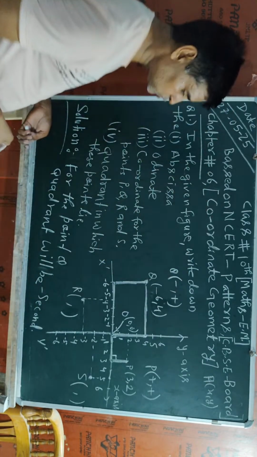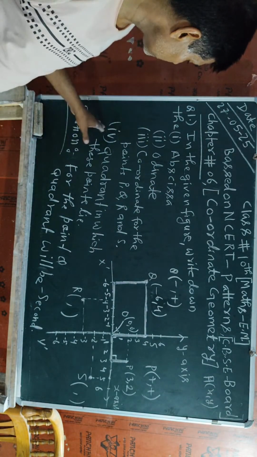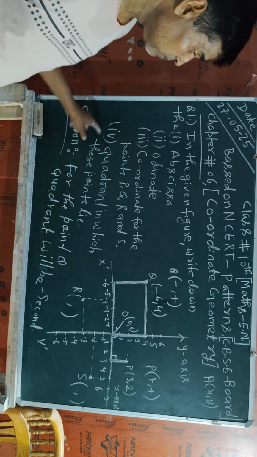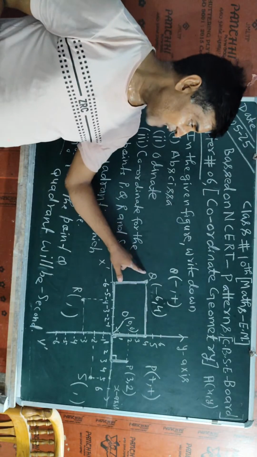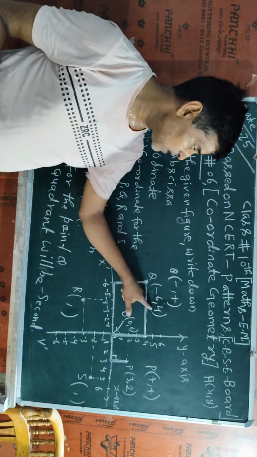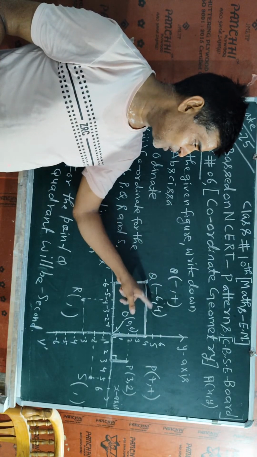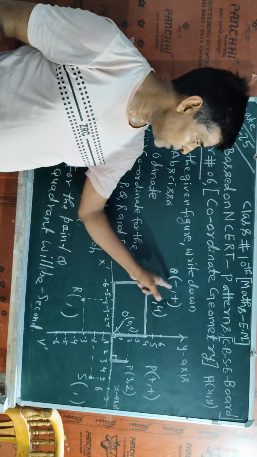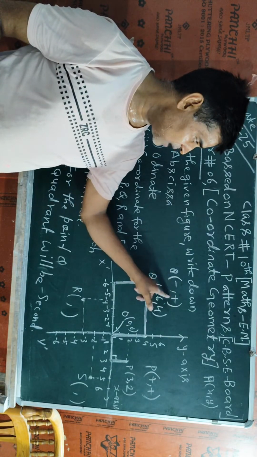This is the answer to question number 4, because point Q has the coordinate (-6, 4), and I have taken the sign convention from this point, so I have written here minus comma plus.